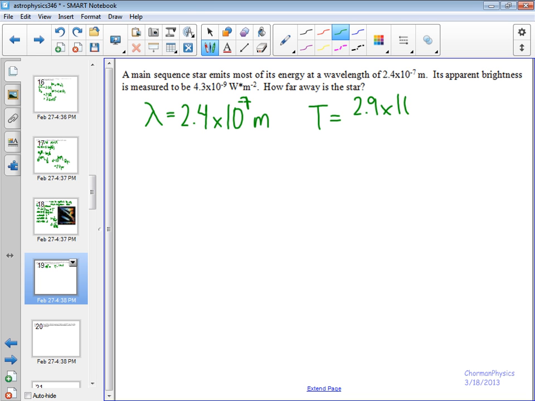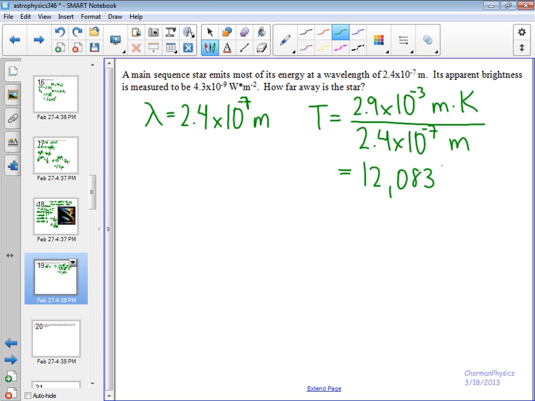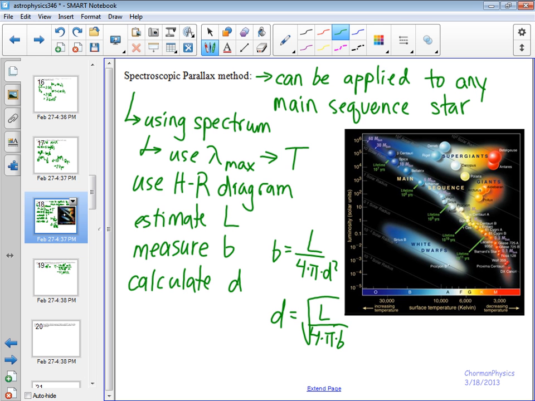Wien's law can give this to us like this. And we see that the surface temperature is about 12,083 Kelvin. So the luminosity they're saying is, let's see here.